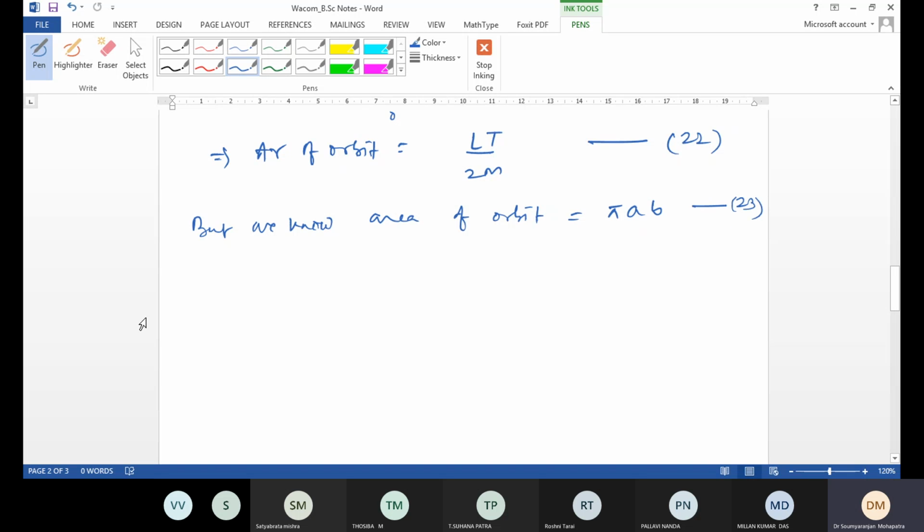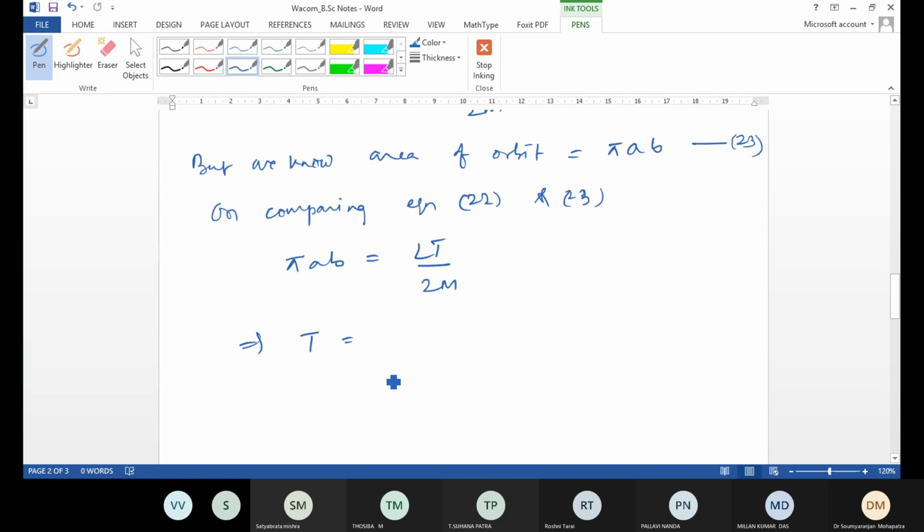So now you equate this one, equation 23. So on comparing equation 22 and 23, what you will get is that pi ab is equal to LT by 2m. So from here you have to find the time period.